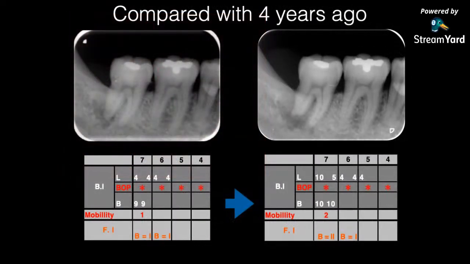But compared with the X-ray from 4 years ago, you can see that around the distal root there seems to be a root resorption. So we did root canal treatment soon.